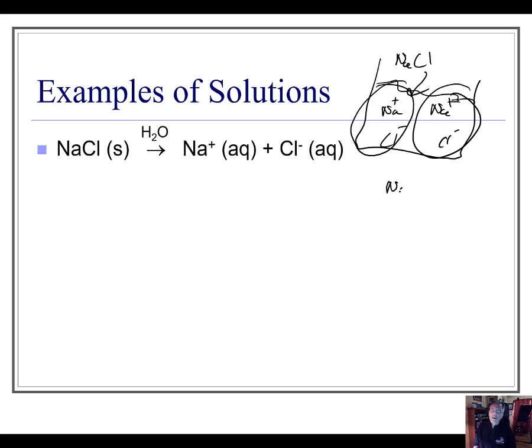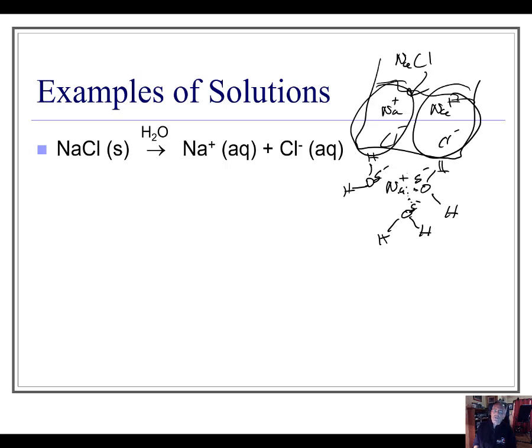Since the sodium cation has a positive charge, you're going to have the polar water molecule orienting itself to the sodium cation with the oxygen ends pointed at the sodium cation. And the reason for that is oxygen is more electronegative. It has a partial negative charge, and you know how this works. Negative and positive charges are attractive with respect to each other.